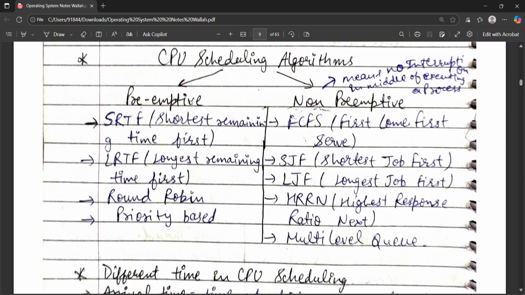We have to execute them one by one. The condition is that if process 1 is not executed, then process 2 and process 3 will not continue. Process 1 should be completed first. Without completing process 1 we can't initiate process 2 or process 3. So this is non-preemptive.